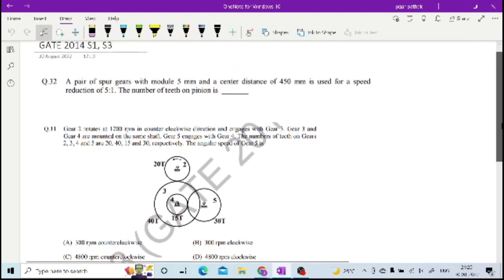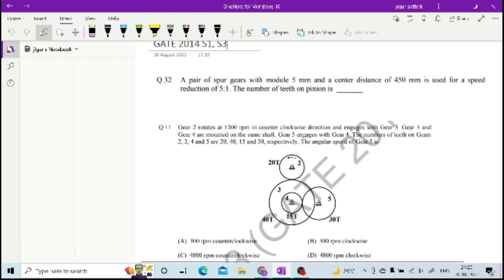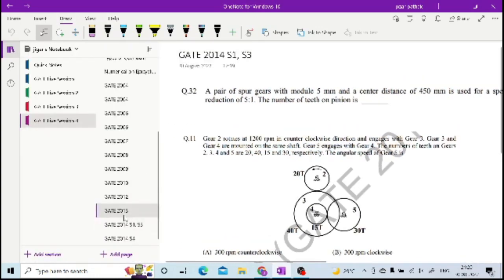This one is from 2014 session 1. Kindly go to session 3, previous slide. Right? So both of these you can try by yourself. Sir, can you kindly go to the previous slide for me? This one?